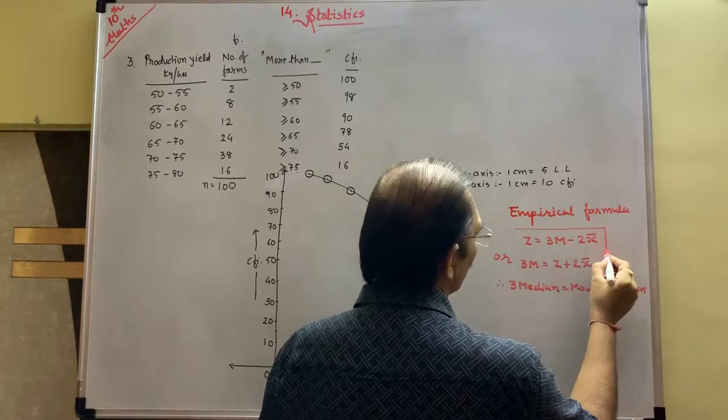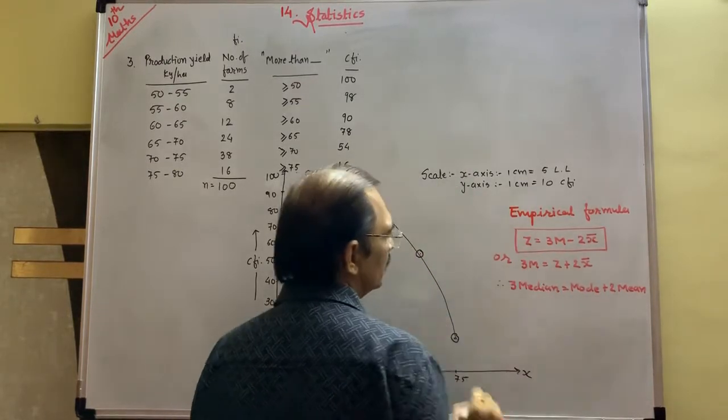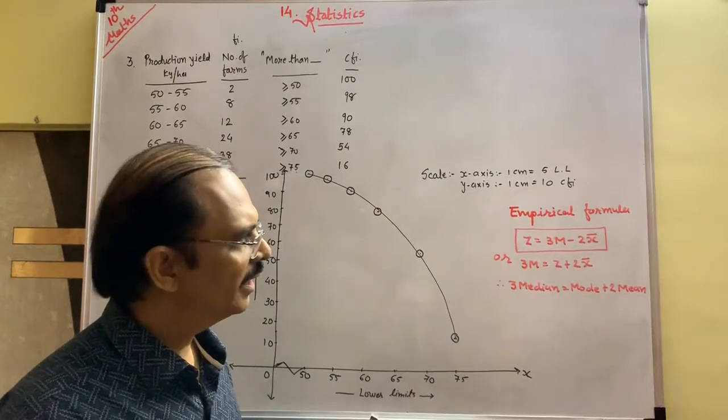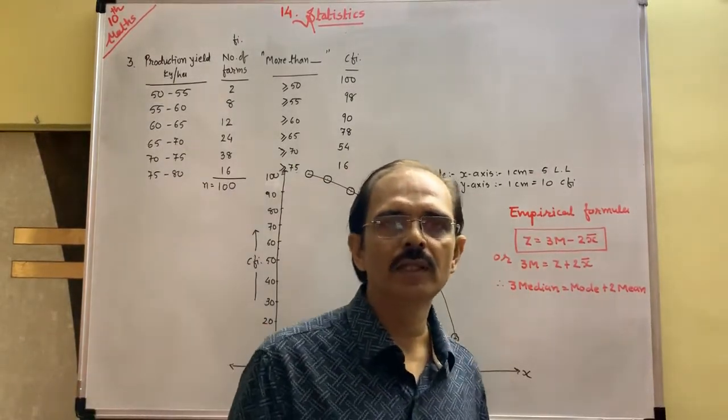Remember only this, Z equals 3M minus 2x bar. This is the relation between mean, median and mode. Mode equals 3 times median minus 2 times mean.